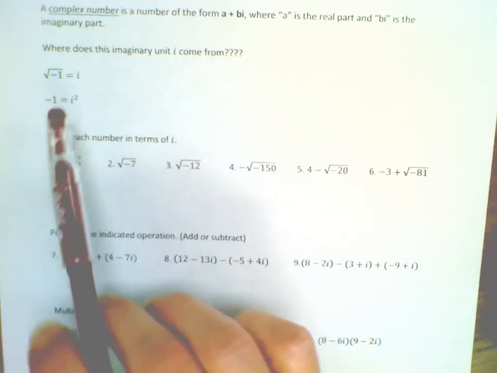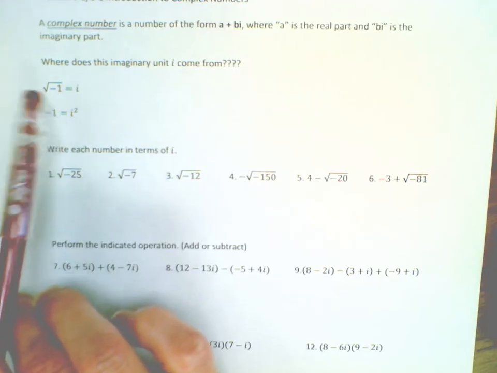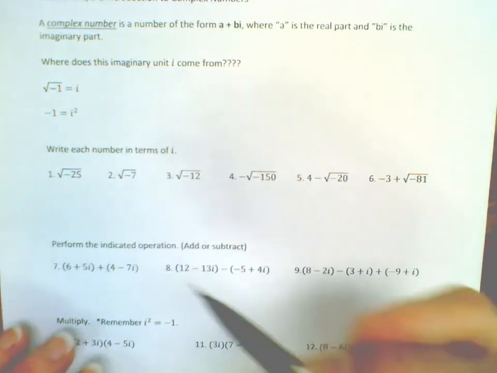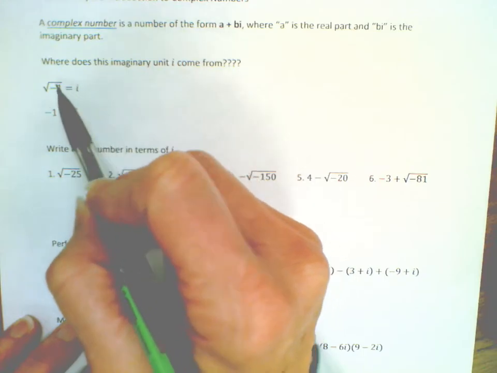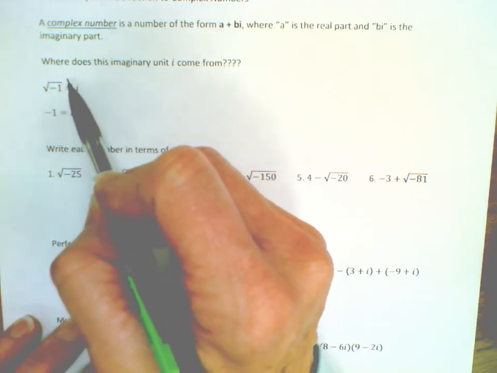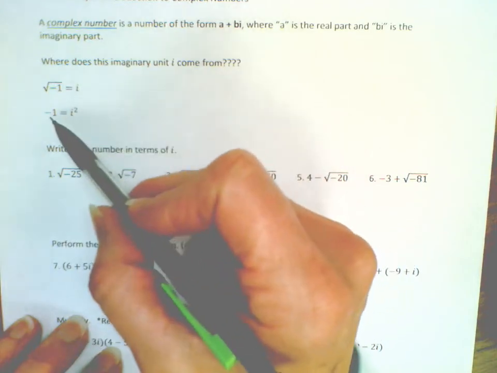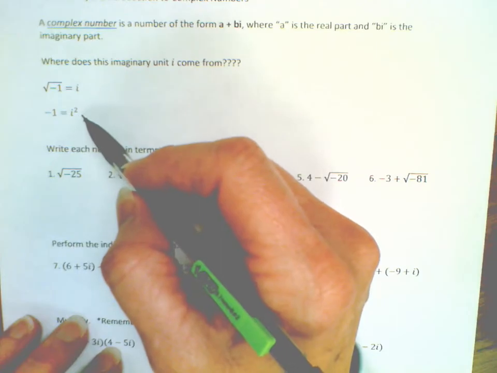If I were to take the square root of -1 and square that, and then I squared the i, the square root and the square would cancel each other, which then leaves us the fact that -1 is equal to i squared.